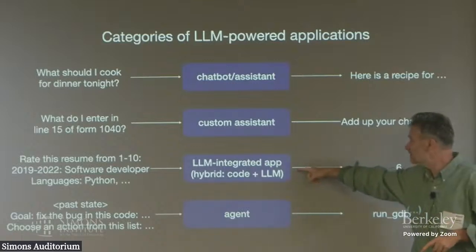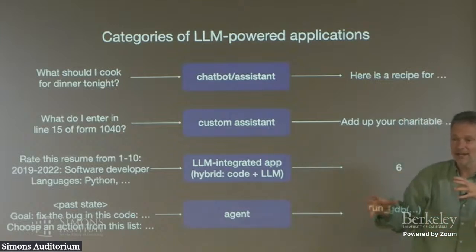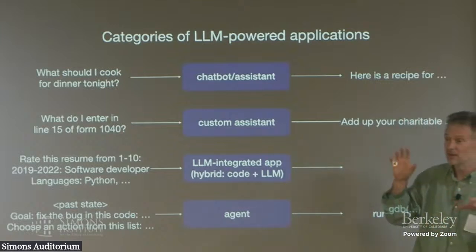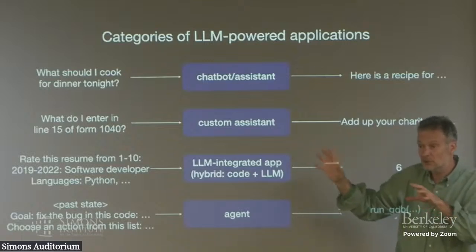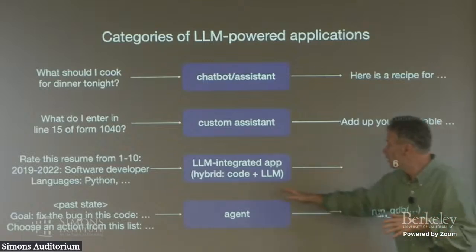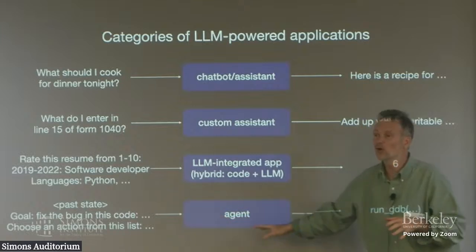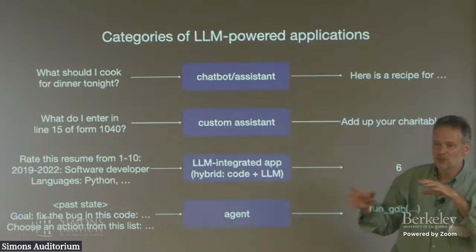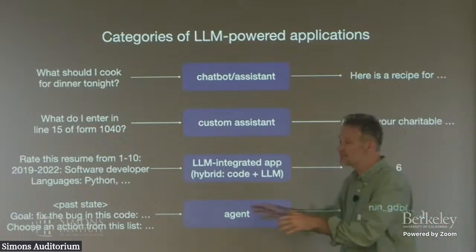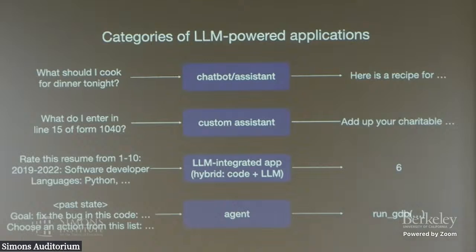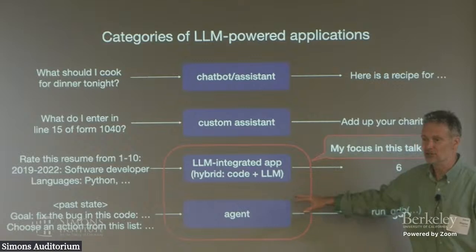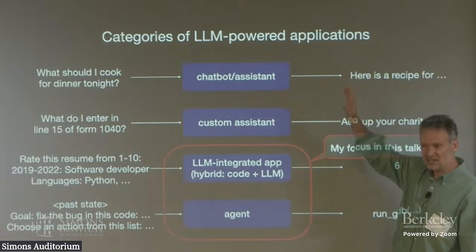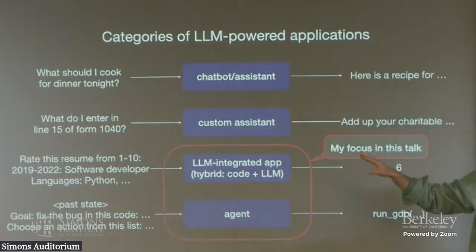Then we have applications that combine traditional code together with calling out to an LLM for certain parts of their functionality. And then we're starting to imagine a world where we have agents that are maybe a composition of LLMs doing multiple tasks, and they have state, and they can take actions on the outside world. And I want to focus specifically on the latter two. So not the conversational assistant, but more using them as a kind of building block for building applications.